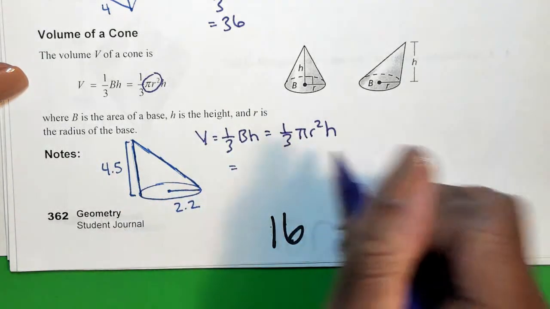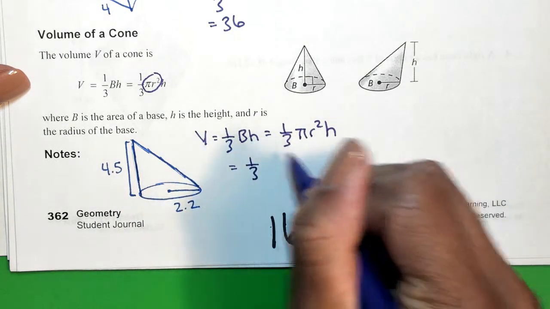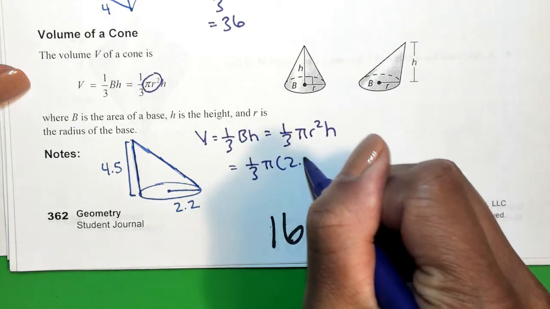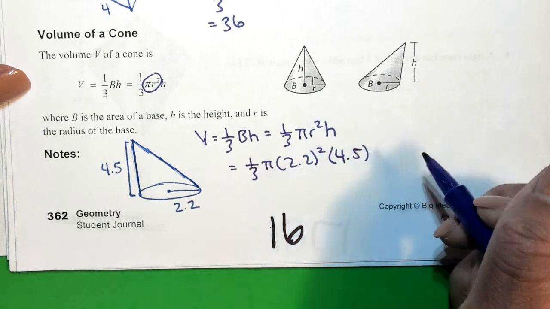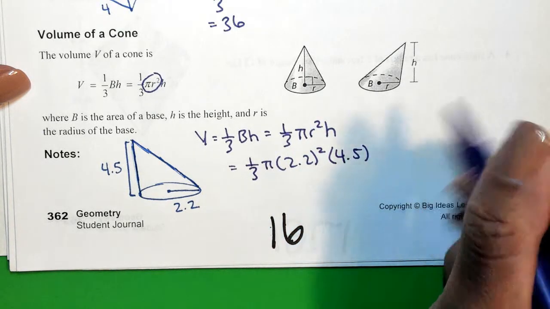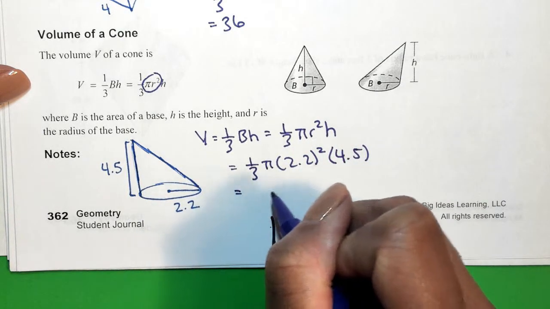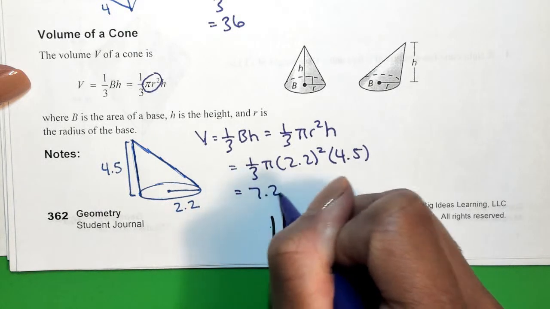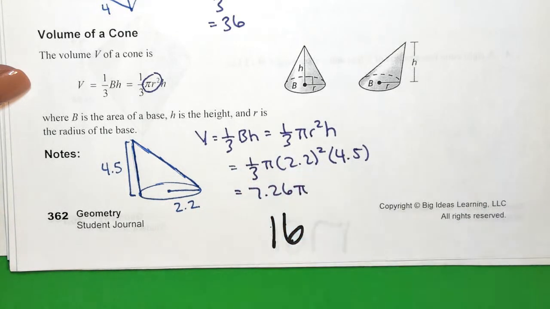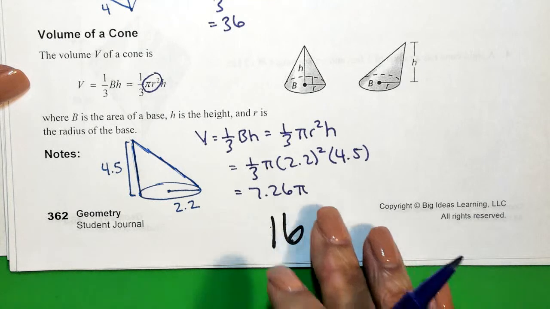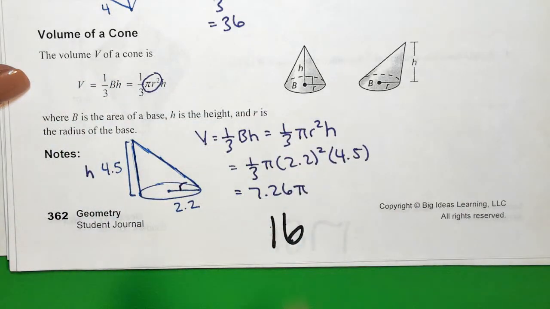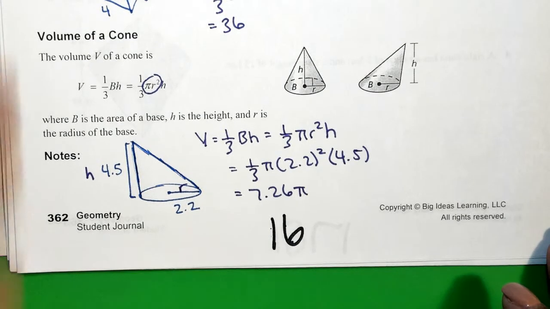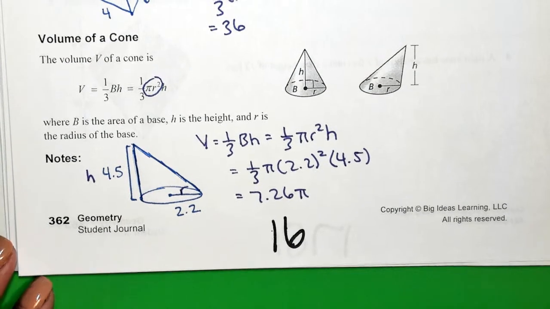And r in this case is 2.2. So we're going to square it, and our height is 4.5. And then when we put this in terms of pi, we end up with 7.26 pi. So that is identifying the radius, identifying your height, in order to plug it in for the volume of a cone. So if you flip on to the next page, we will try some example problems.